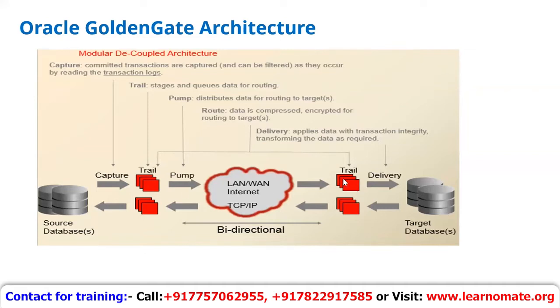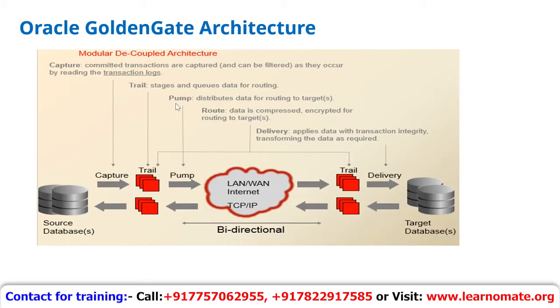So there are three processes involved in this GoldenGate replication: extract, pump, and replicate. These three processes aid in replicating the data from the source to the target database. As soon as the transaction is committed on the source database, the extract process captures it and writes it to the local trail.